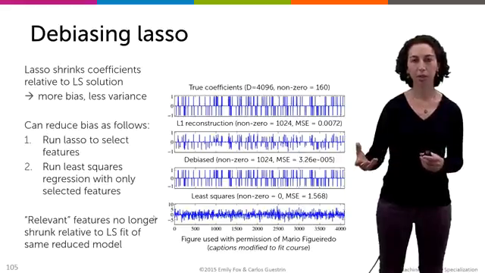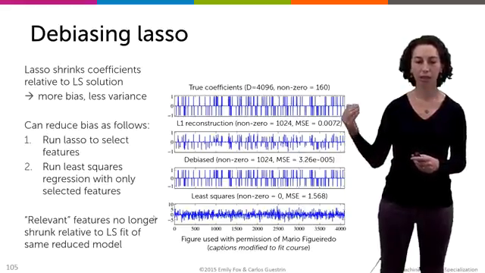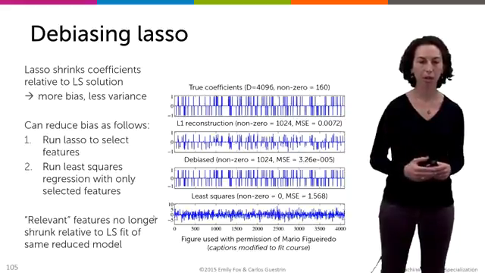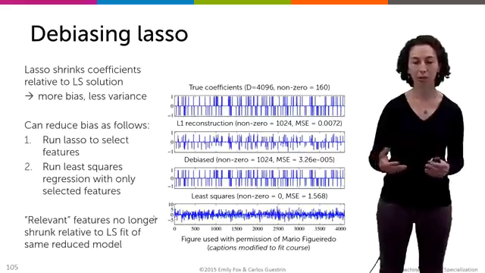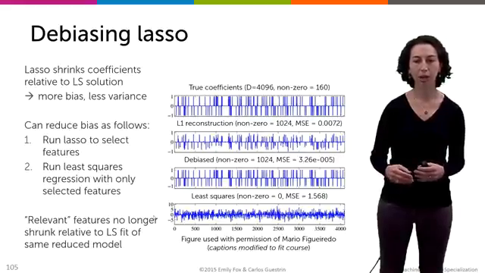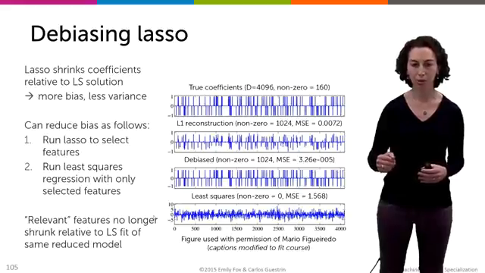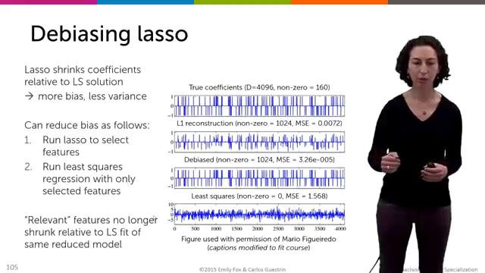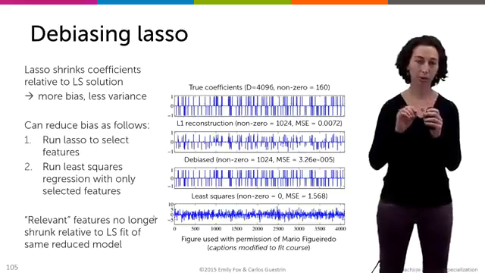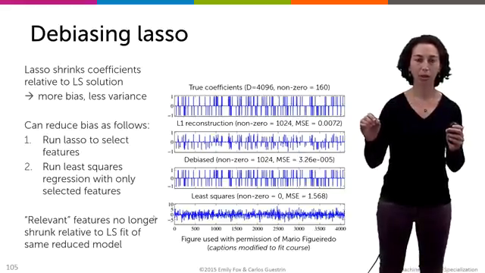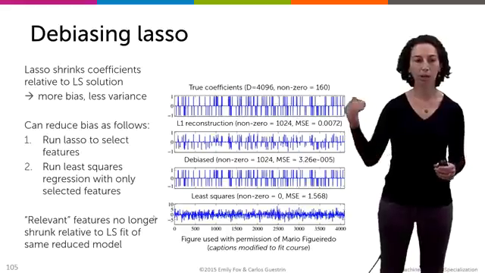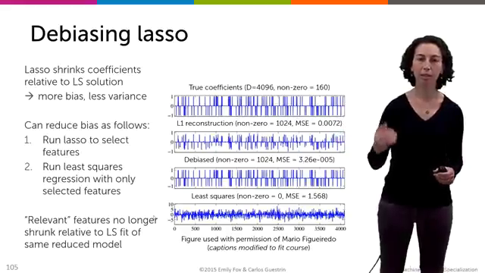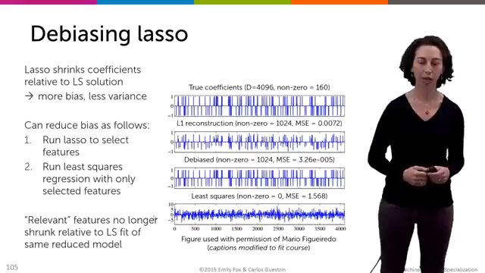And if you look at the L1 reconstruction, that's the second row of this plot, you see that it's discovered 1,024 features that have non-zero weights, has a mean squared error of 0.0072. But if you take those 1,024 non-zero weight features and just run least squares regression on them, you get the third row. And that has significantly lower mean squared error.